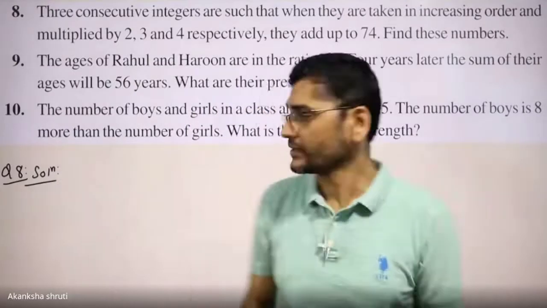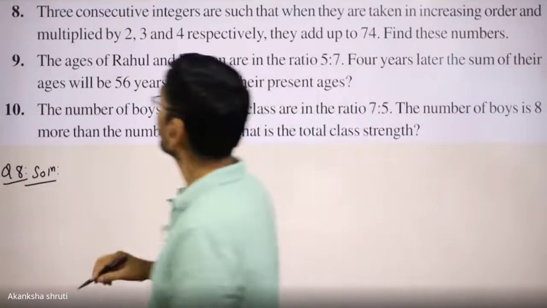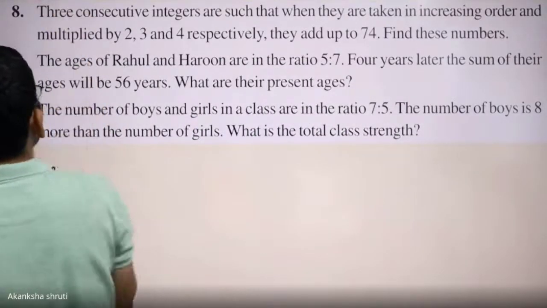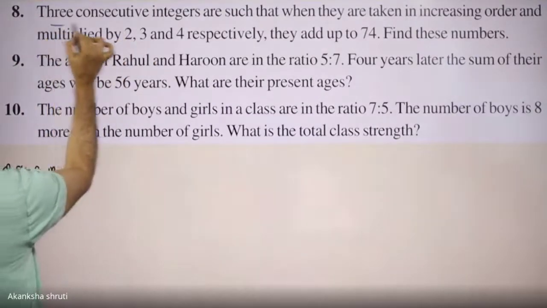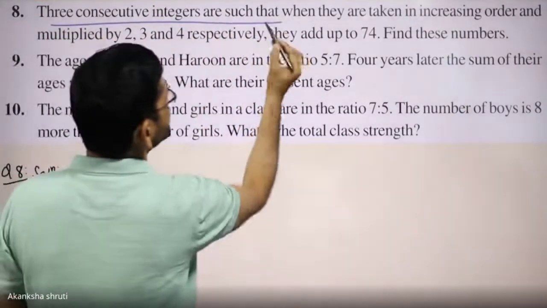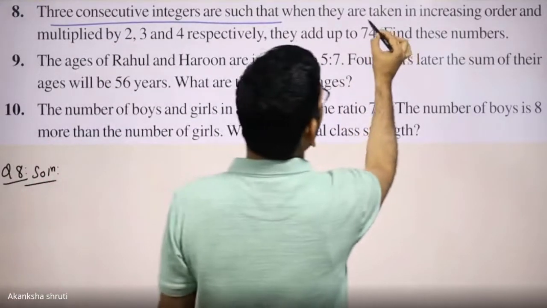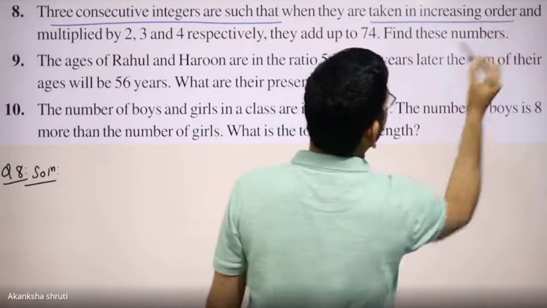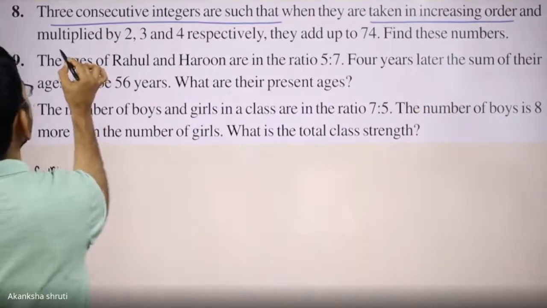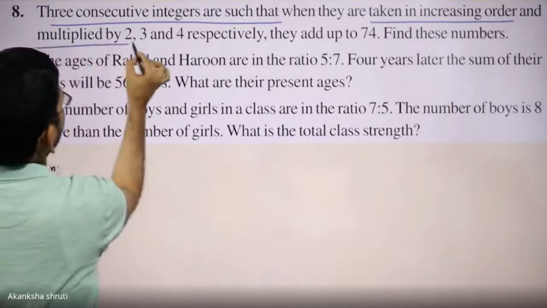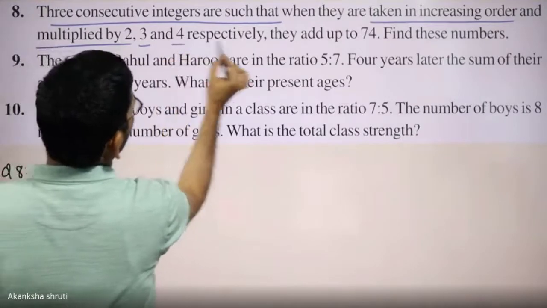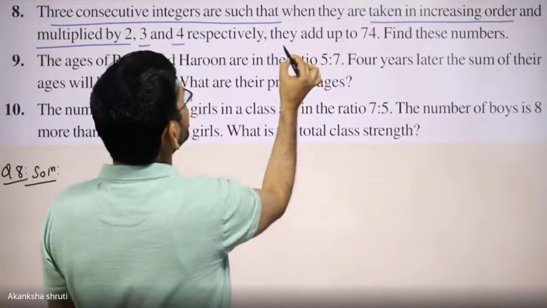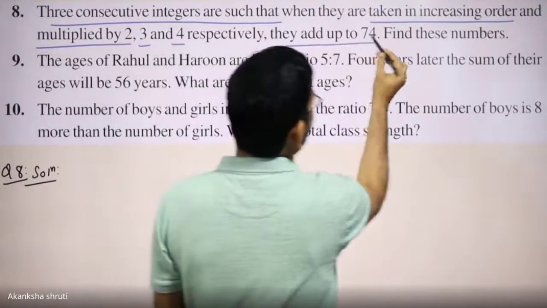Question number 8. In question number 8, 3 consecutive integers are such that when they are taken in increasing order and multiplied by 2, 3 and 4 respectively, they add up to 74.